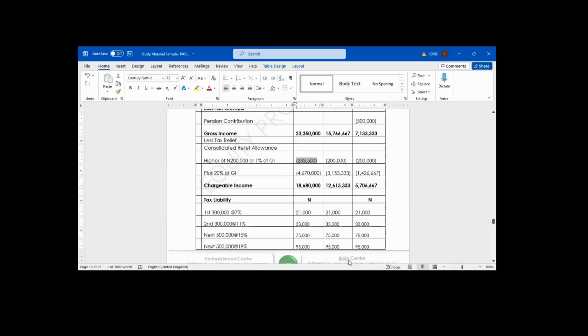We now compute the tax liability for each of them. First 300,000 at 7%, it applies to all three of them: 21,000, 21,000, 21,000, because their chargeable income is more. Do you understand? Yes, sir, we are together.